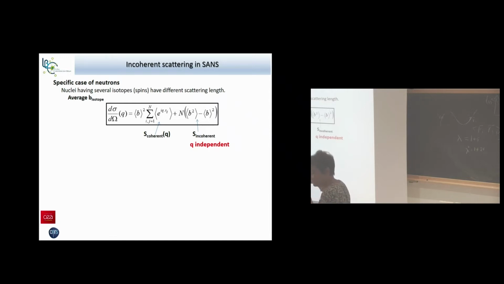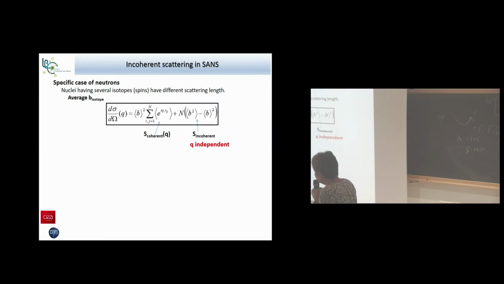It is a background. The fact that you have isotopes and spins of hydrogen in your sample gives a background. It's not a big problem, but it is a background, and since it is independent of Q, it does not matter much.